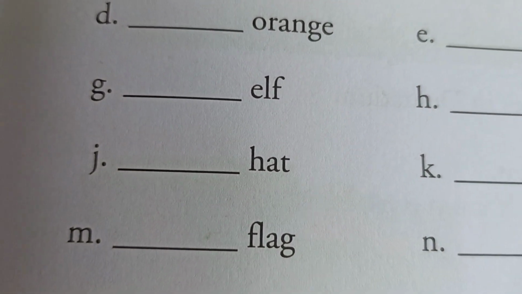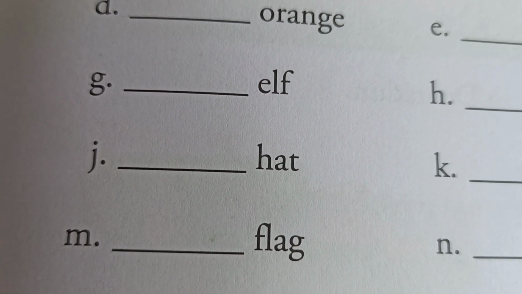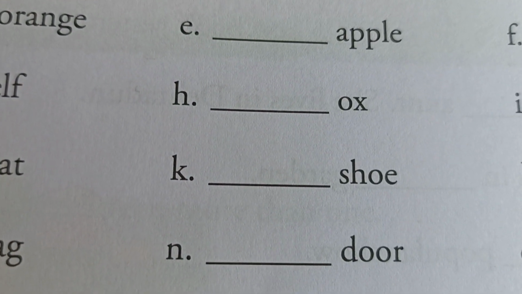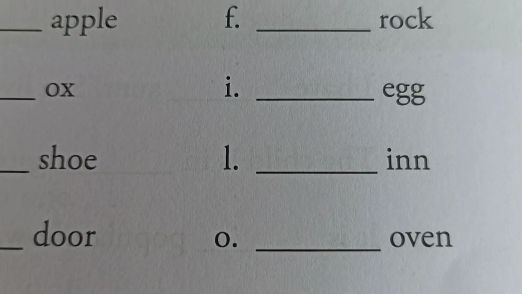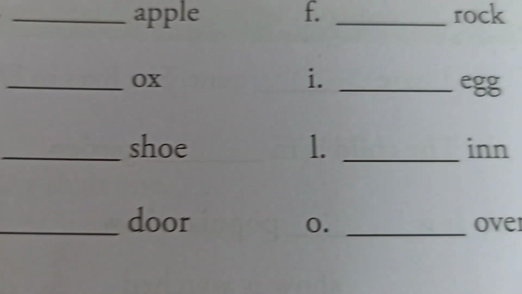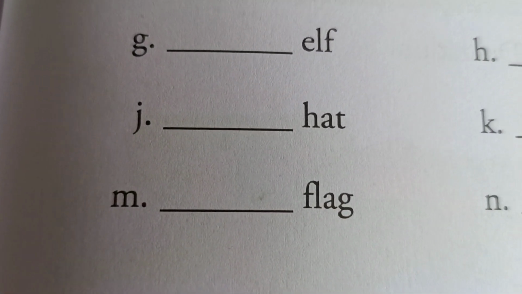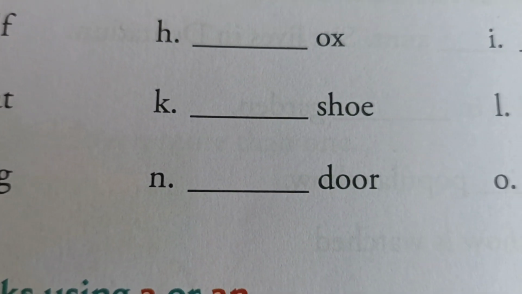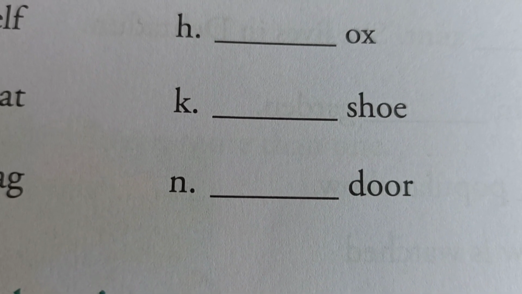Next, elf, e vowel sound, an elf. Ox, o vowel sound, an ox. E vowel sound, an egg. Hat, H consonant, a hat. Shoe, S consonant, so a shoe.